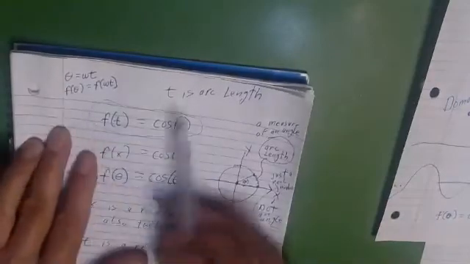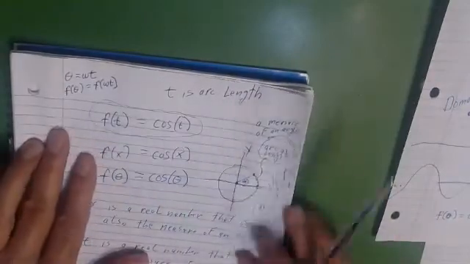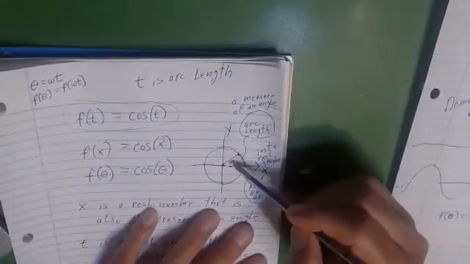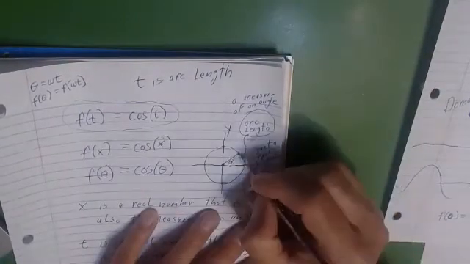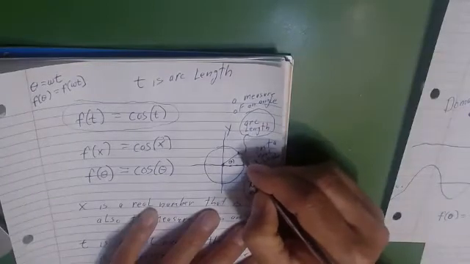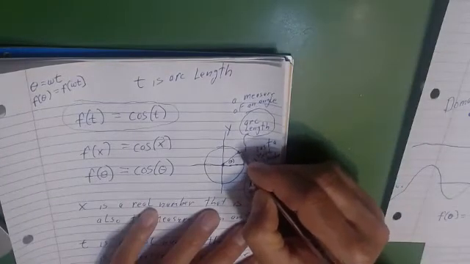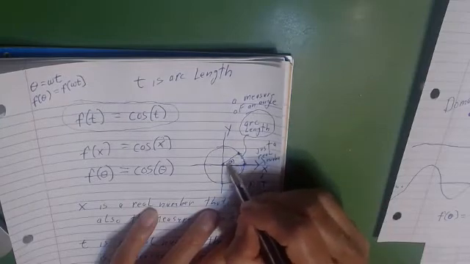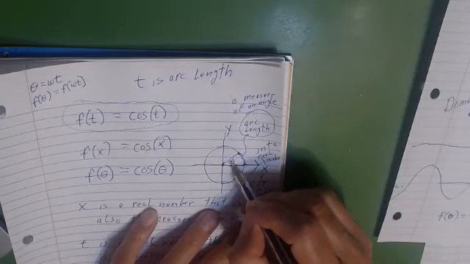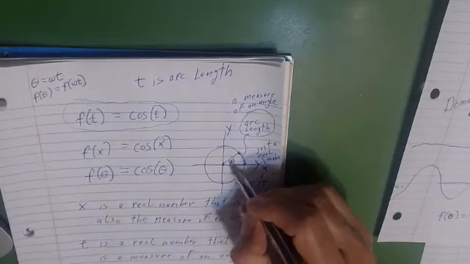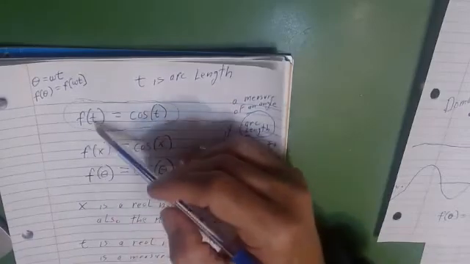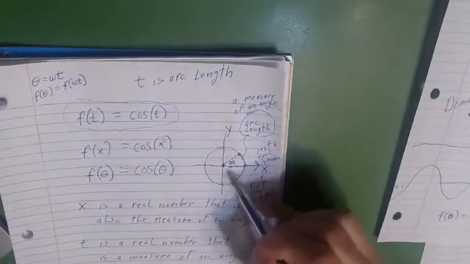Okay, so T is an arc length. It's this arc length. And if theta is in radians, the value of T, this distance measure of this oriented arc, is the same number as the measure of the angle in radians. So we can just talk about theta by talking about T. It's the same number. If I say T is 1, then theta is 1 radian.